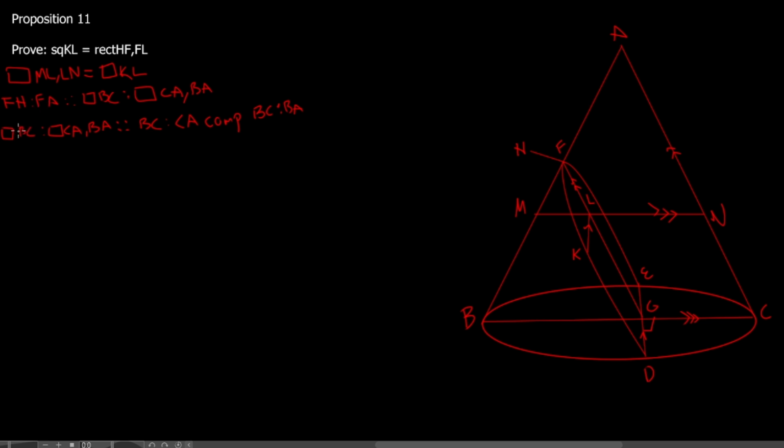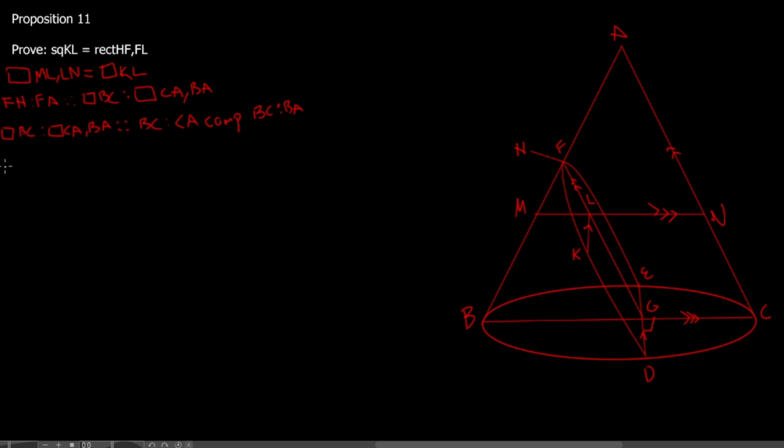So for right now we have the square on BC is to CABA as the ratio BC to CA is compounded with the ratio BC to BA. So now those two terms are the same.